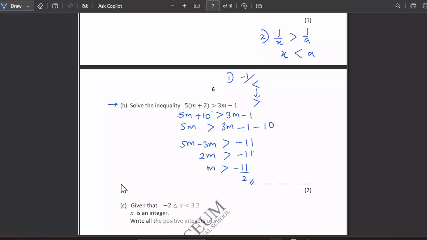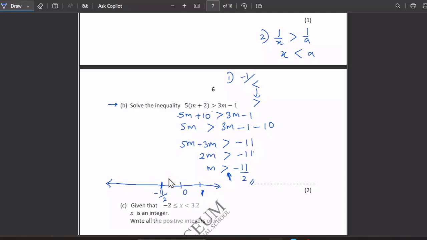So you can show the answers on a number line also. So first put the value that is present in the inequality. It is minus 11 over 2. So check whether you have an equal sign here or not. No, no equal sign. So let's see whether m is lesser than or greater than.